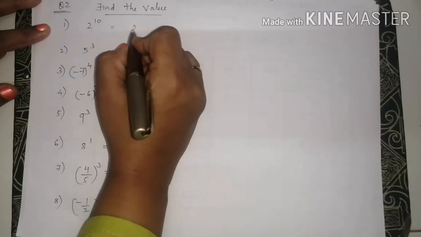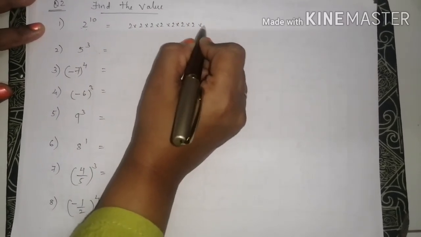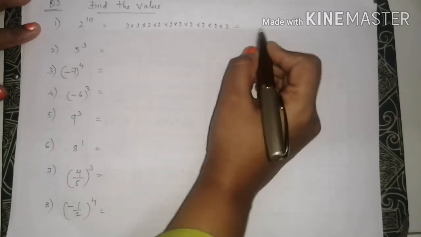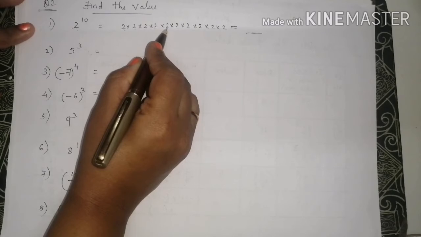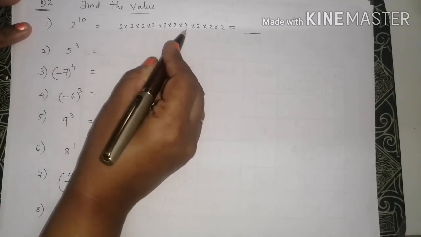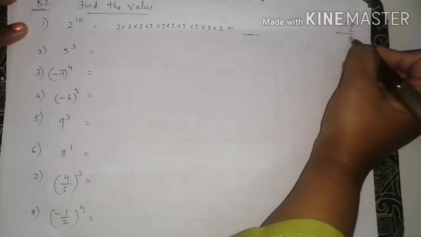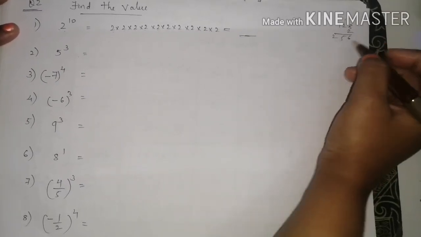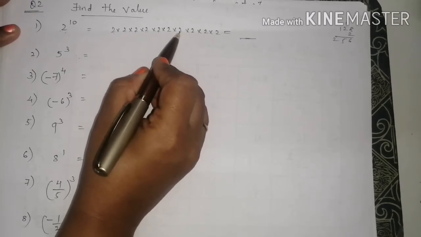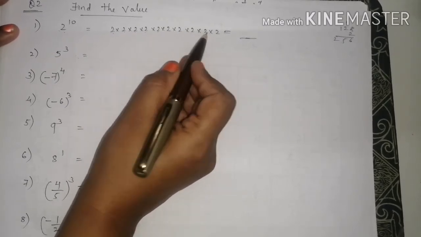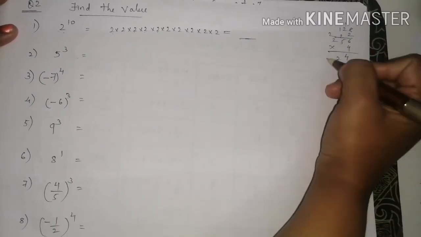So how many times will you multiply 2? 10 times. 2 2s are 4, 4 2s are 8, 8 2s are 16, 16 2s are 32, 32 2s are 64, 64 2s are 128, 128 2s are 256, and the other 256 into 4 gives 1024.